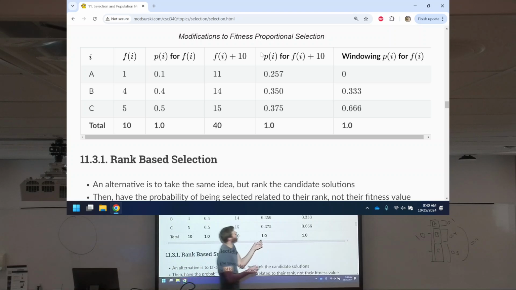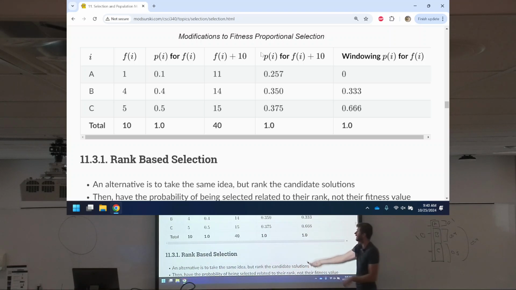Windowing is an example of this, where you subtract the minimum out. So you subtract the 1 from everything, and then you redo the calculation. Basically, by adding or subtracting a value to the fitnesses, you get a little more control over how much you want good ones to dominate.